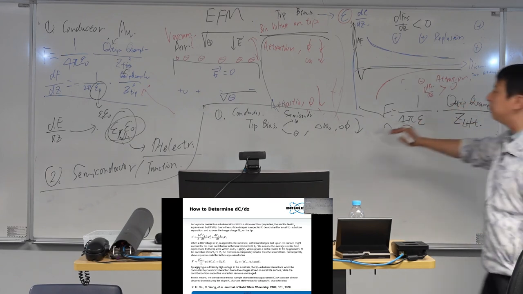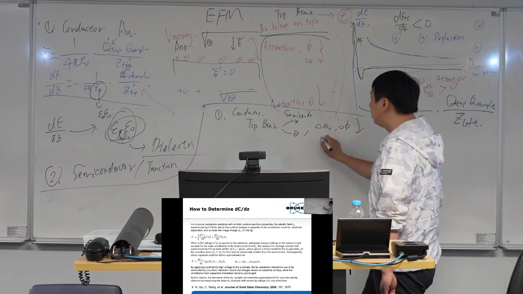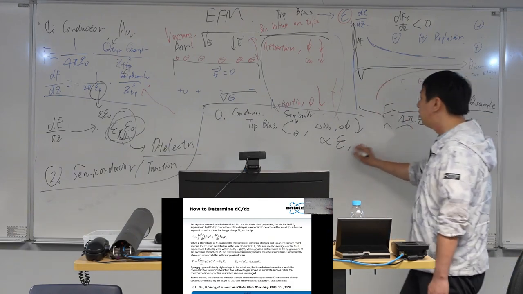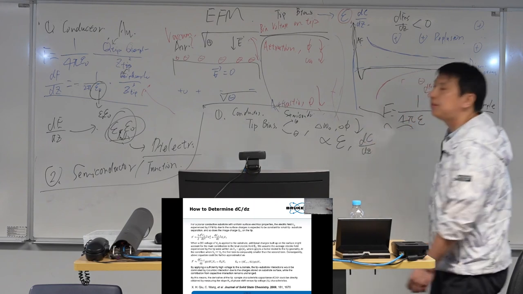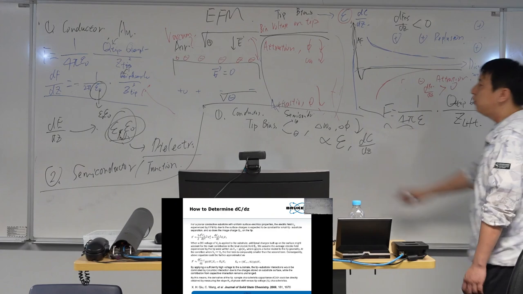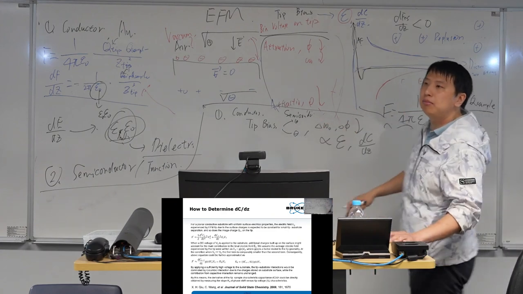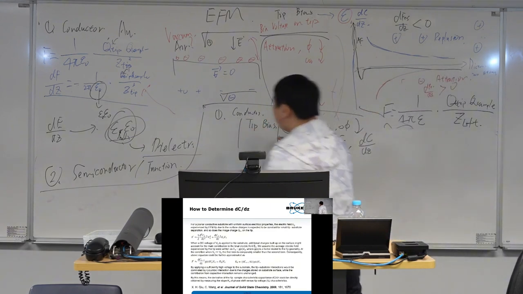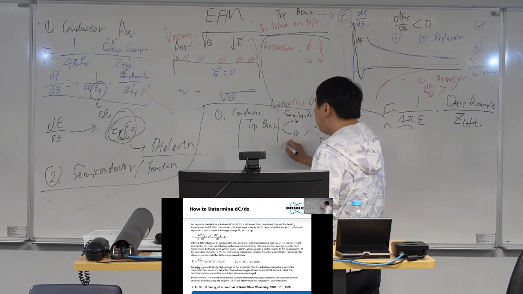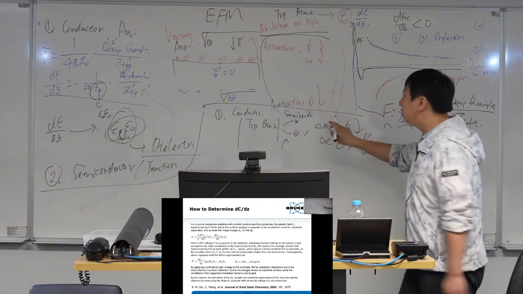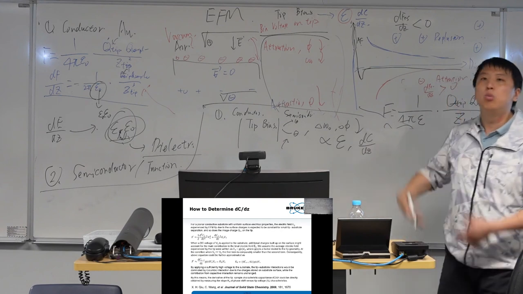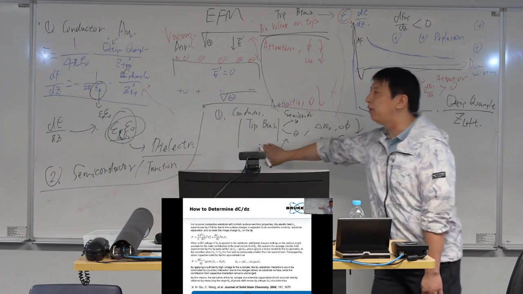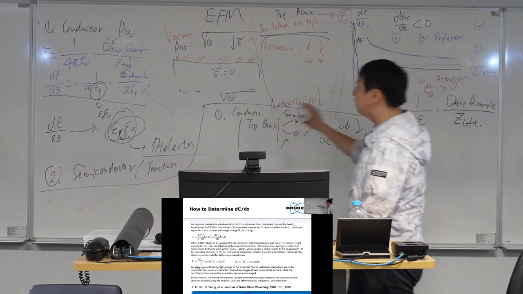And this attraction force is proportional to dielectric coefficient of the sample. And you can apply positive or negative, doesn't matter, it's the same. And the only thing is the absolute value of your tip bias increased, the shift of the resonance frequency or phase will increase. It's only proportional to its absolute value. Okay, that's the conductor and the semiconductor.